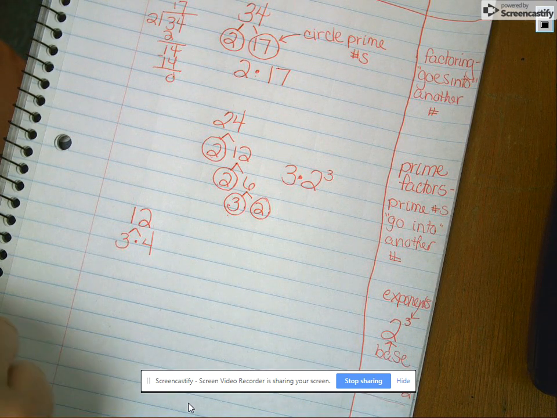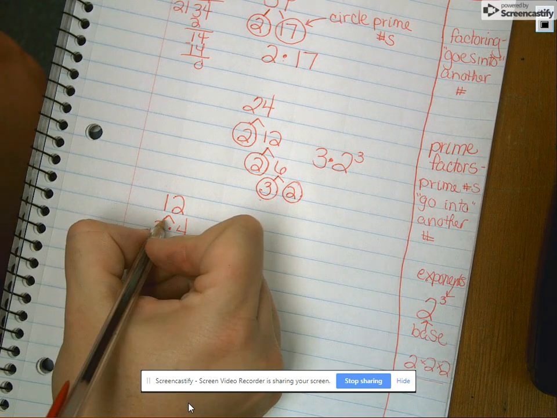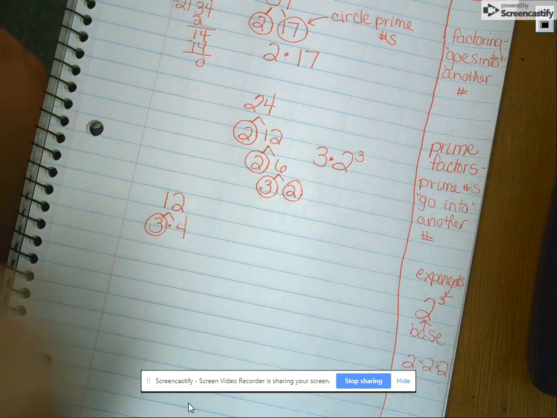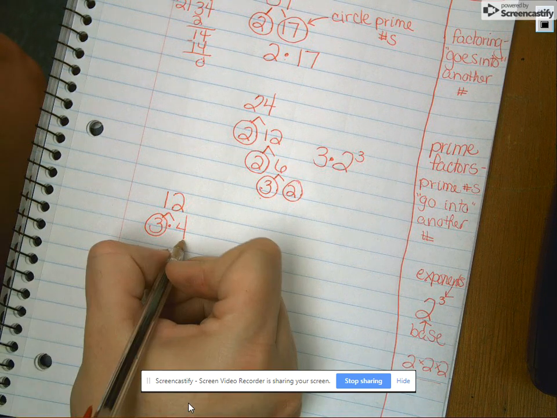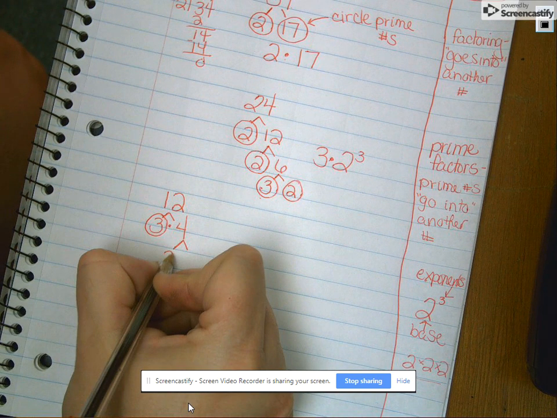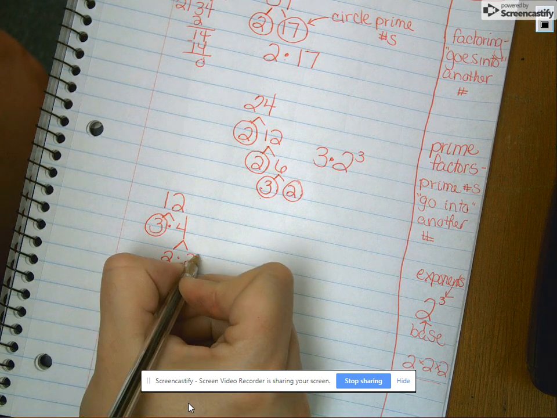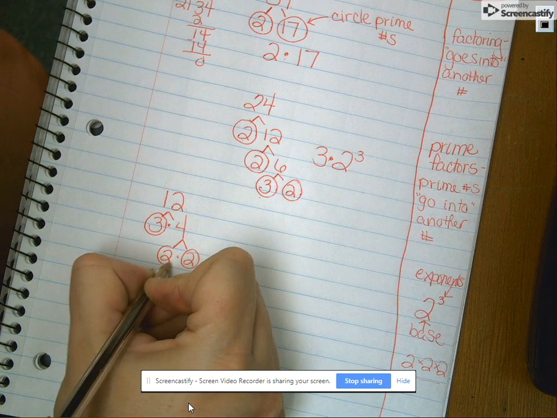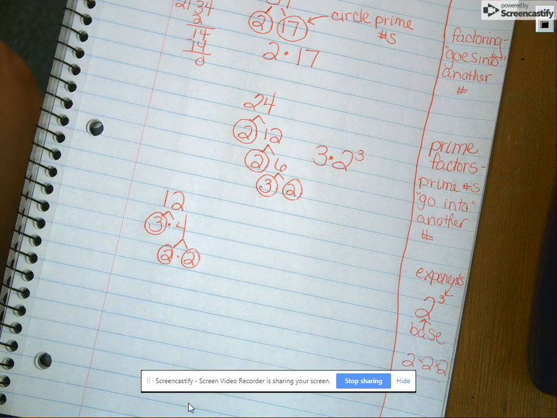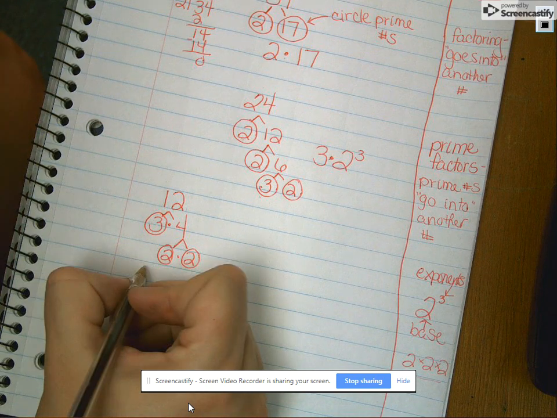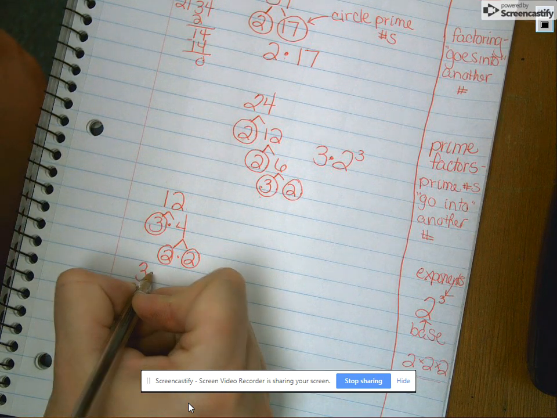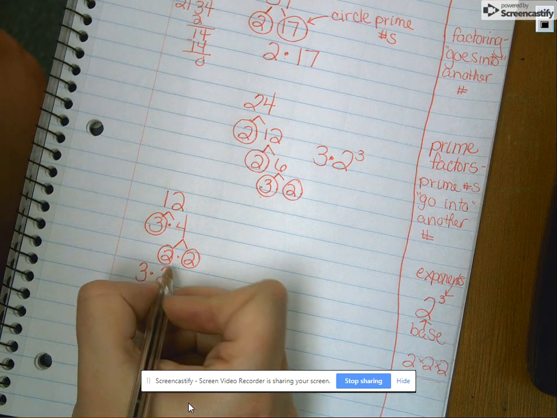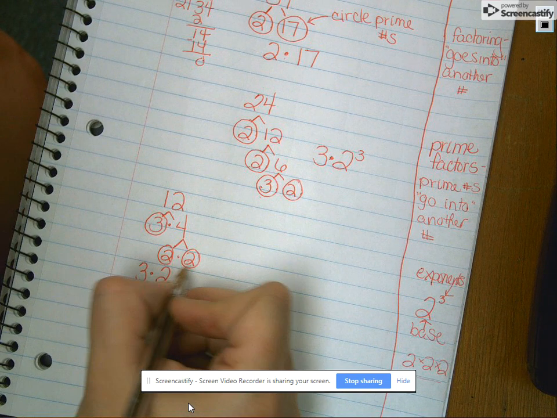You can do that. 3 is prime, so I circle 3. 4 is not prime. 4 is 2 times 2. Both of these are prime, so I circle them. So my answer is 3 times 2. And I have 2 2's, and so that's 2 to the second.